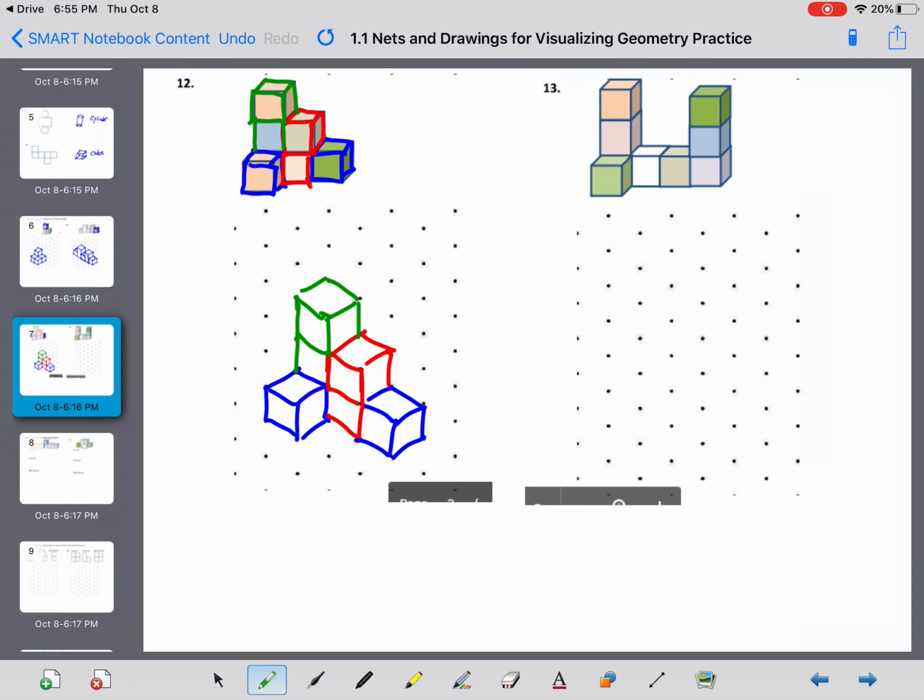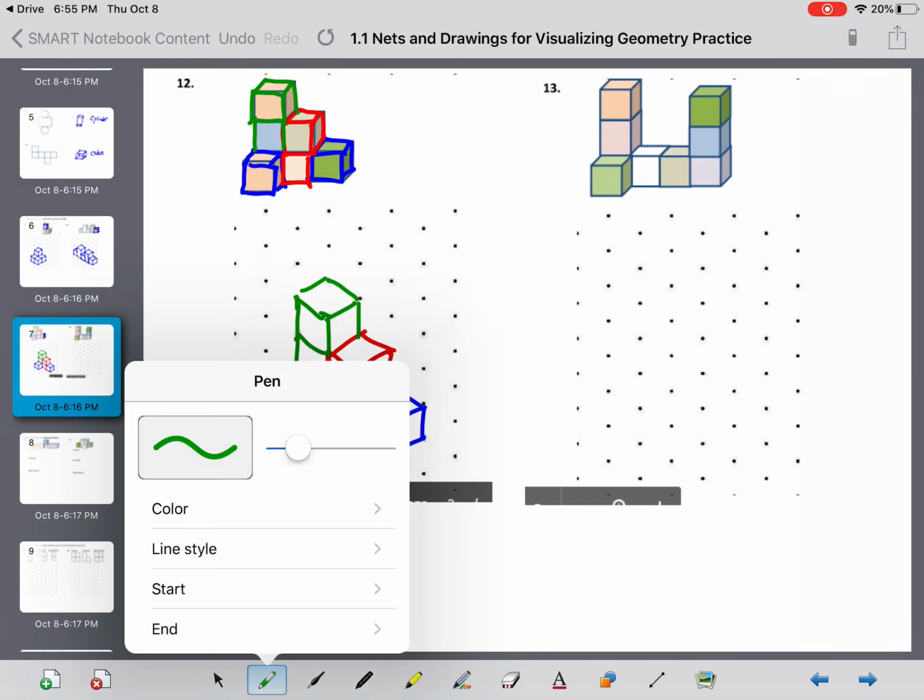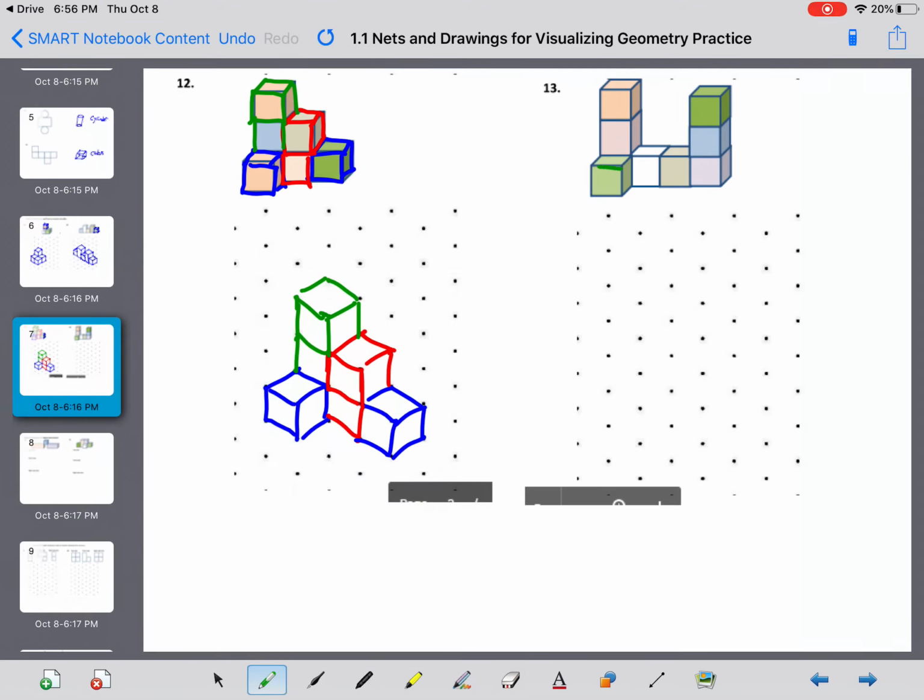Number 13, probably going to be our most difficult one in terms of isometric drawings. All right, so again, I'm going to start out with that one right out in the front, and we'll build from there.